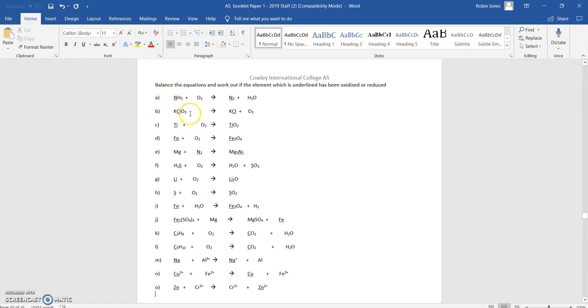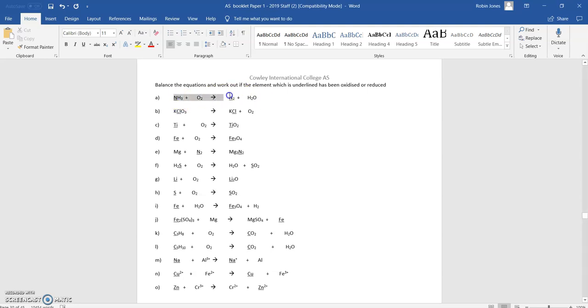So, according to the textbook, about oxidation being gain of oxygen or oxidation being loss of electrons, it's quite difficult to get your head around. But if you do it in terms of oxidation number and whether that's gone up or down, I think it's far easier. So this is my little method.